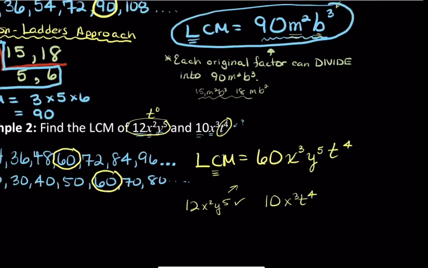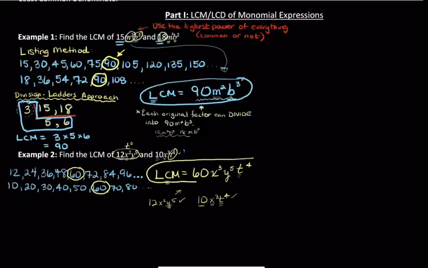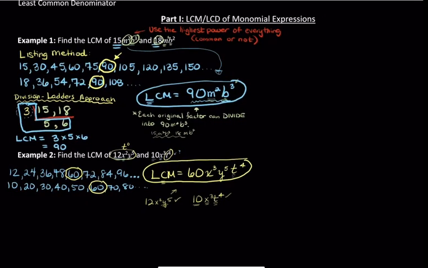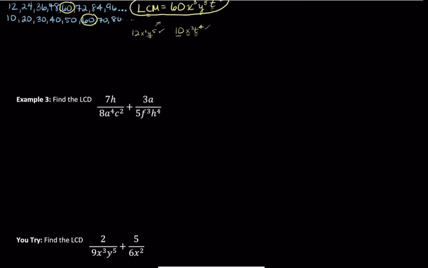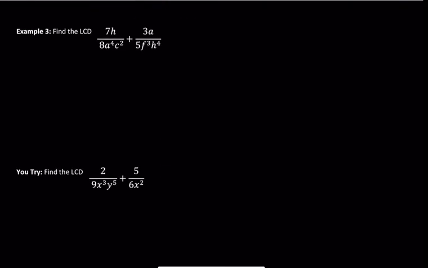Yeah, it sure does. 10 divides into 60, x cubed divides into itself, and t to the fourth also divides into itself. So notice, each one of those is divisible into the LCM, even though there wasn't a y common to both terms and there wasn't a t common to both terms, at least visually. So that's your LCM for that one right there. This is a little bit bizarro. I know it's a little bit weird when you do these, but you just gotta practice a few and you'll get the hang of it.